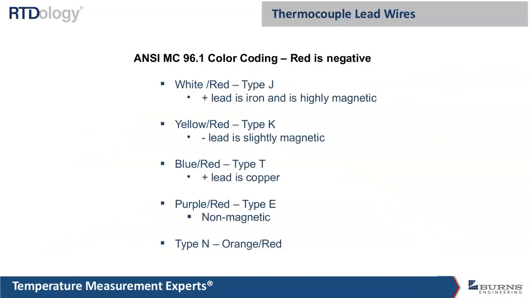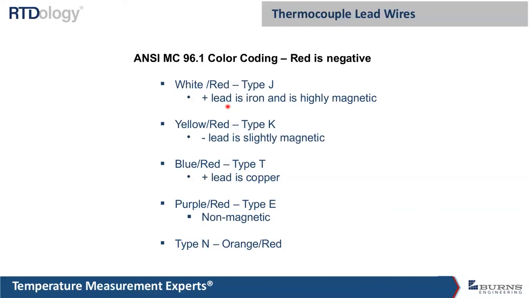Now the standards do define these color codes. Unfortunately, they're a little bit different between the ANSI standards and the IEC standard. So with the most common ones here in the U.S., with a white and a red lead, it's going to be a type J. If they're not color coded, you can use a magnet, and one of these leads is iron.